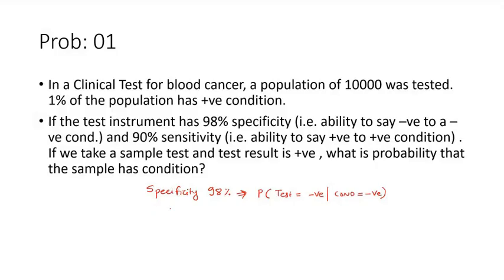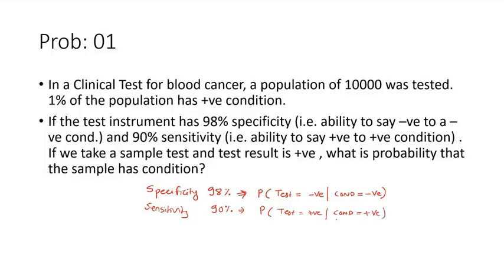Then you have another specification called sensitivity. What is sensitivity? It is, I think, 90% in our problem. It is the probability that the test is positive, that your instrument is saying the person has cancer, provided that the person really has cancer.